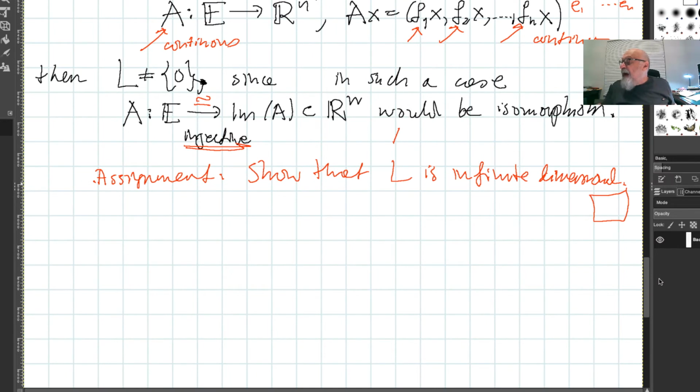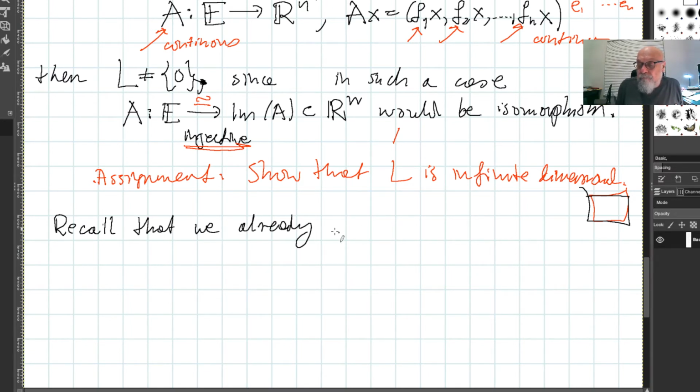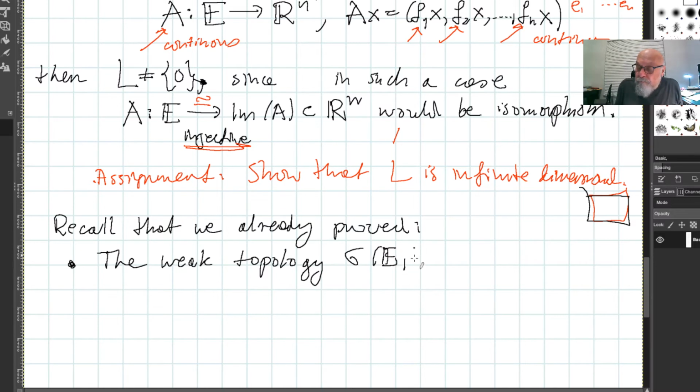So we have several other things that were actually already covered, and maybe I should indicate to you, so the proof is finished. Let me list this. Recall that we already proved the following facts. First, that the weak topology is Hausdorff.